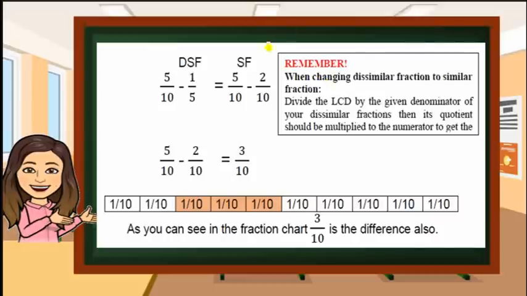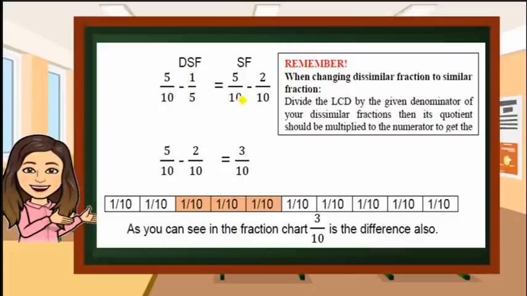Next, we have to change the dissimilar fractions to similar fractions. If the common denominator you have right now is similar to your original fraction before, like here 5/10, and the denominator is still 10, you don't need to divide it again.